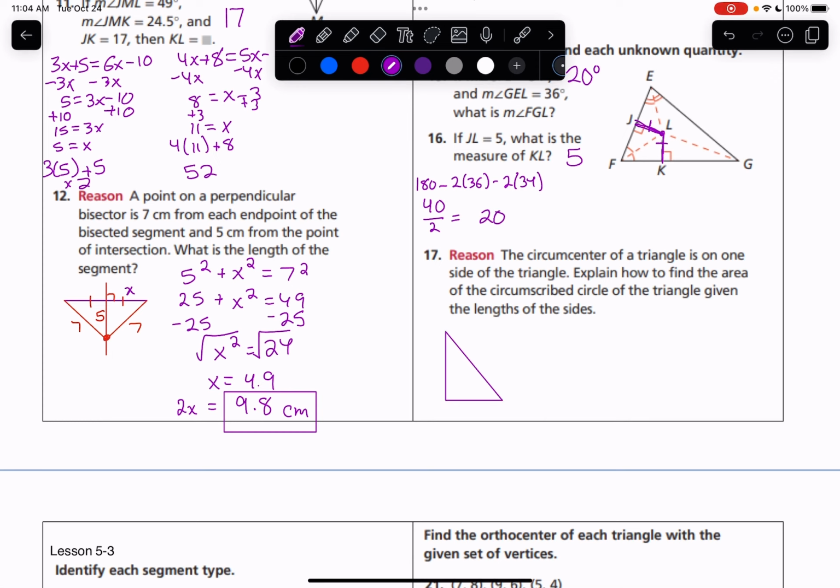So if we've got a right triangle and we intersect the perpendicular bisectors of this side, so we would draw a perpendicular bisector, kind of eyeball that out, draw a perpendicular bisector of this side.